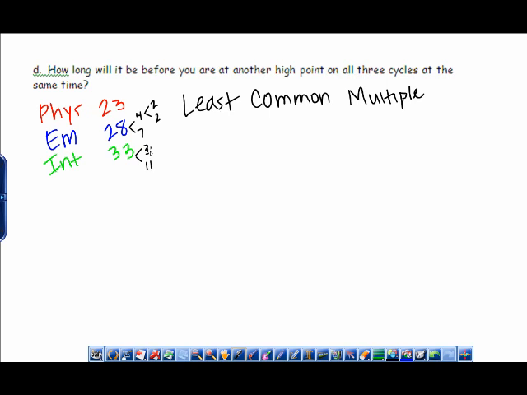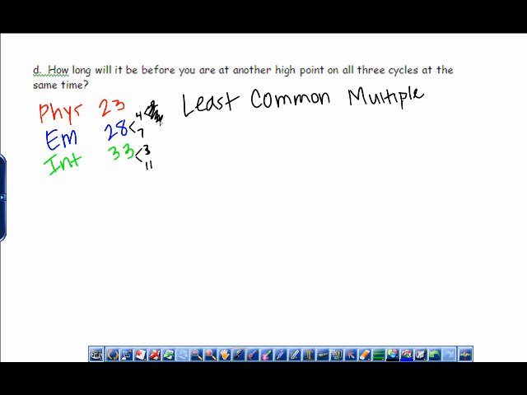So I want you to think for just a second. Let me make this actually look like a 3. I want you to think for just a second about how many multiples or factors these three numbers share. Basically 23, 2, 2, or 4. We don't really even have to split it up since there's no repeats. 7, 3, and 11.